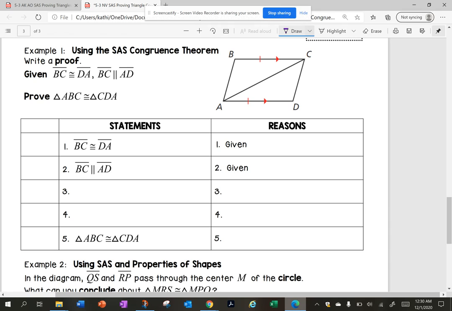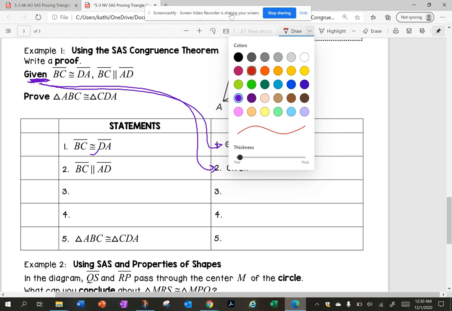Write a proof. We're given that segment BC is congruent to segment DA. Segment BC is parallel to segment AD, and prove that triangle ABC is congruent to triangle CDA. Okay, so let's set up. We're going to set up all our information the way we normally do. So given, I have two pieces of given information, and the reasons for the given information are given.